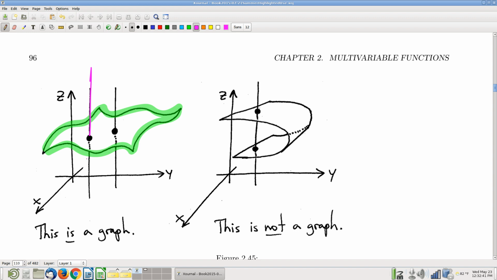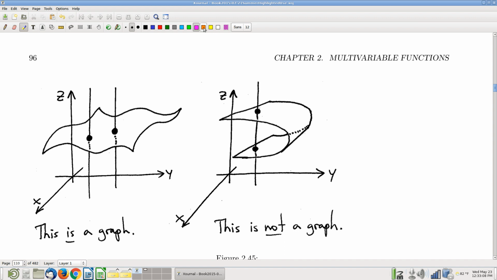Here's a vertical line that intersects exactly once, right? Likewise here, it intersects exactly once. And appeal to your geometric intuition, interpret generously how I've drawn this and the intended surface here, and I think you can persuade yourself that it is indeed going to pass the vertical line test. On the other hand, this one doesn't.